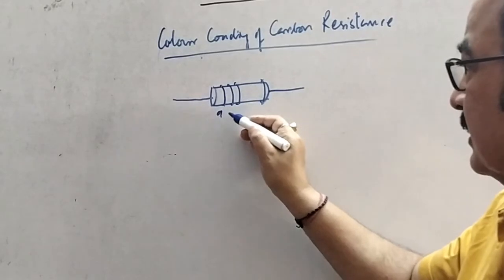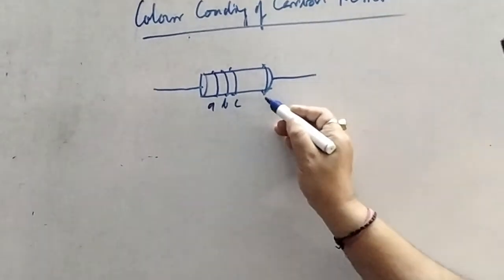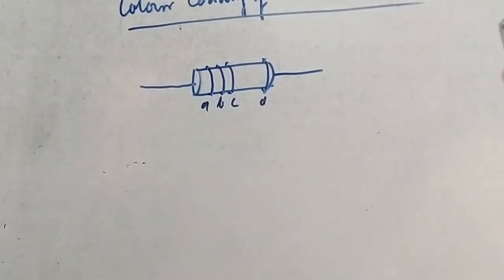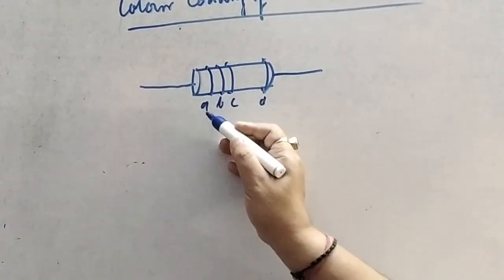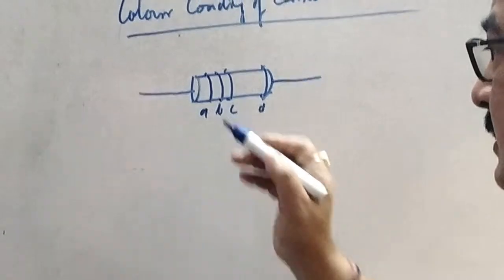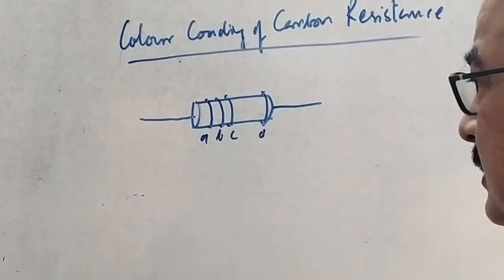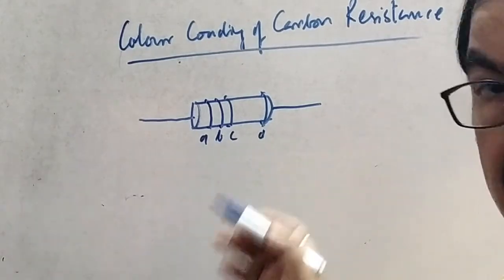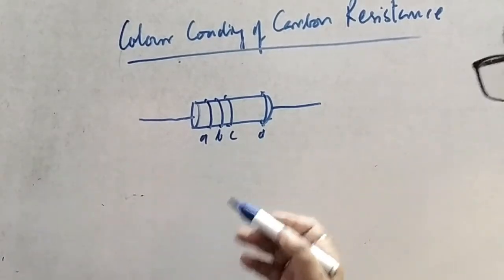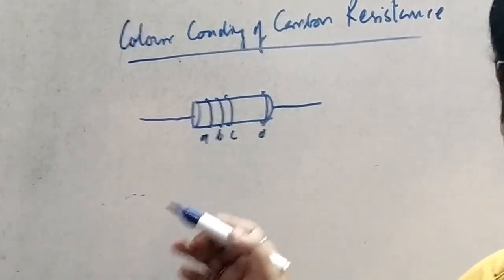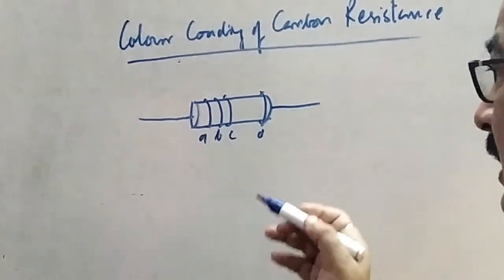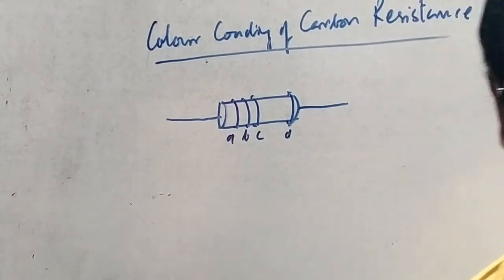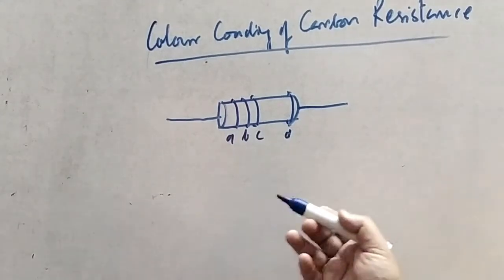This is A, this is B, this is C, this is D. A gives us the idea about the numbers. B also gives us the idea about the numbers. They give significant numbers. C gives the multiplier, or 10 to the power something. And D is the tolerance power, how strong it could be.